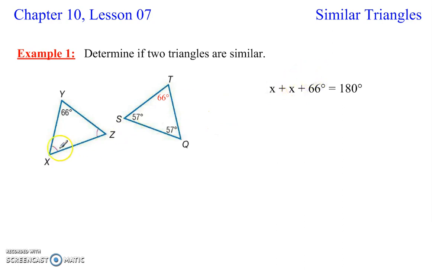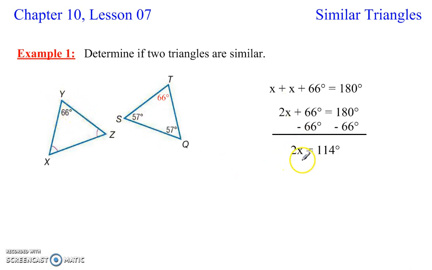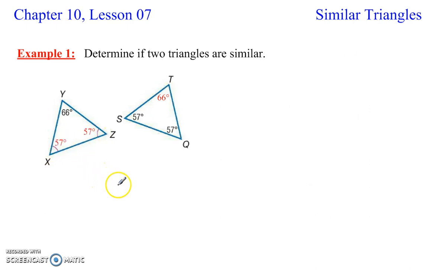So x plus 66 is 180. So I'd subtract the 66 from 180. And then my result gives me how much these two are together. So that's 2x is 114. And then divide that by 2, and I get x is 57. So one of those is 57, and since they're congruent, that means the other one is also 57.